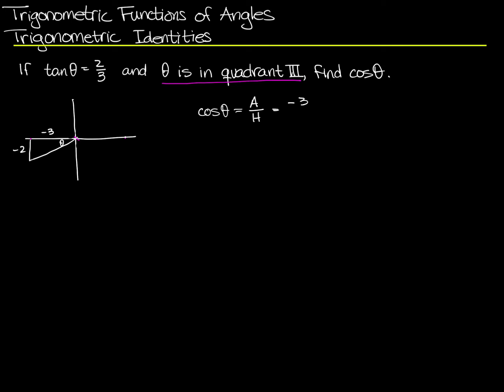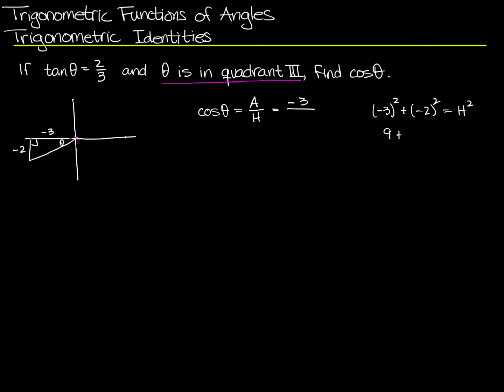Adjacent is -3, and the hypotenuse, well, I don't know what the hypotenuse is, but I do know that I'm working with a right triangle here, and so I can use Pythagoras to find the third side here. I have a side length of 3, and I could go ahead and call it -3 if I wanted to, because when I square it, it's going to become positive anyway. And I have a side length of -2, and that's going to be equal to my hypotenuse squared.